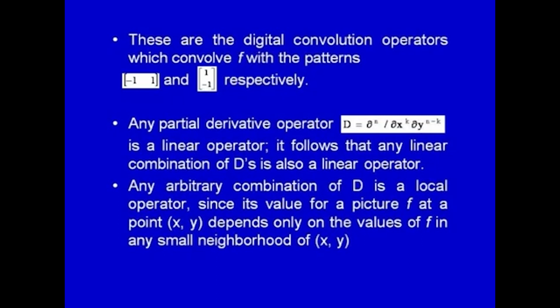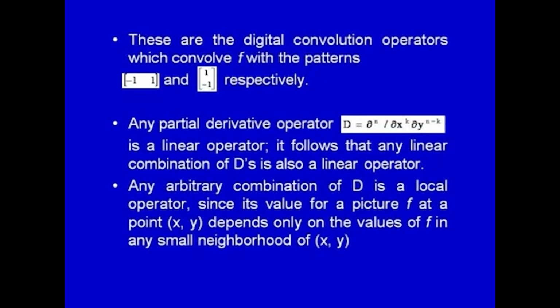Any partial derivative operator d can now be expressed as the differential of the nth order divided by the difference with respect to x and the difference with respect to y, and it is a linear operator, and it follows that any linear combination of d is also a linear operator.